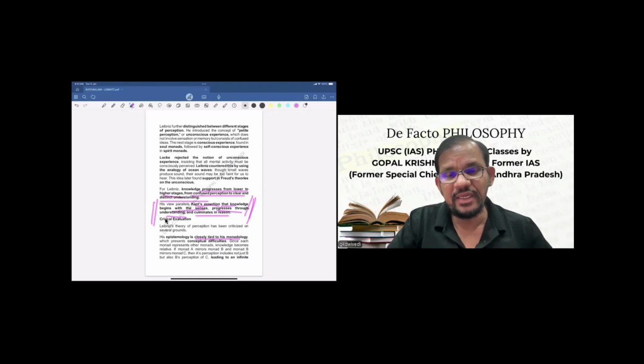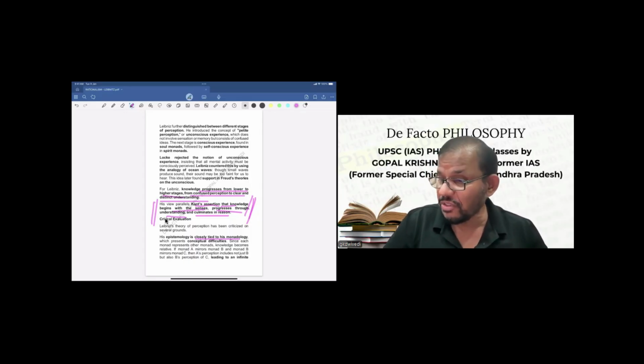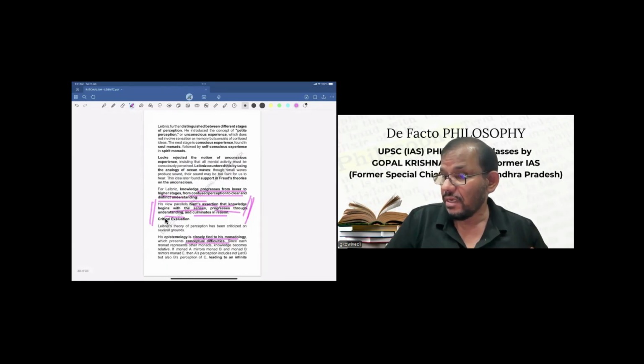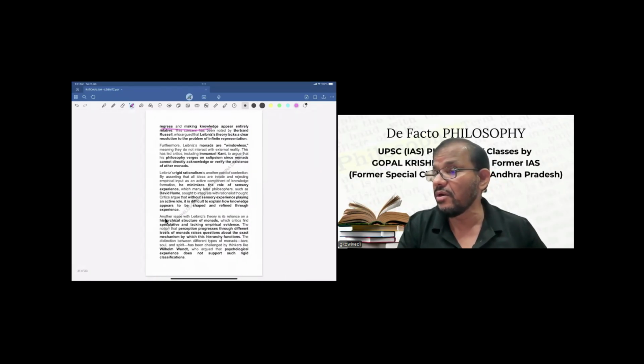It's not that his theory has been easily accepted by all philosophers. It has serious conceptual difficulties, because a number of criticisms have come. First, it leads to an infinite regress and makes knowledge appear entirely relative. Bertrand Russell has said that Leibniz's theory lacks a clear resolution to the problem of infinite representation.